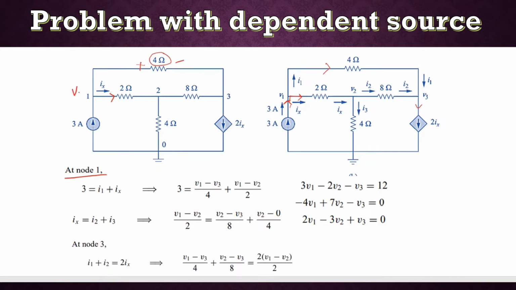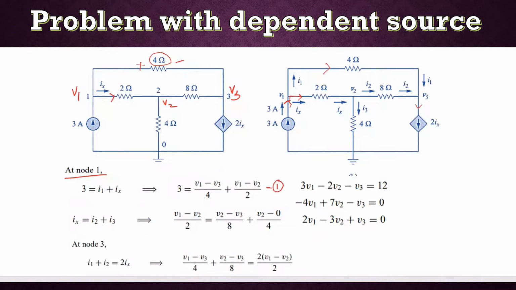Here we are assuming V1, here V2, and here V3. So V1 minus V3 by 4 plus Ix, which is the current flowing in the 2 ohms resistance, equal to the potential difference across the 2 ohms resistance divided by 2 ohms. So 3 is equal to V1 minus V3 by 4 plus V1 minus V2 by 2. This is equation number 1.